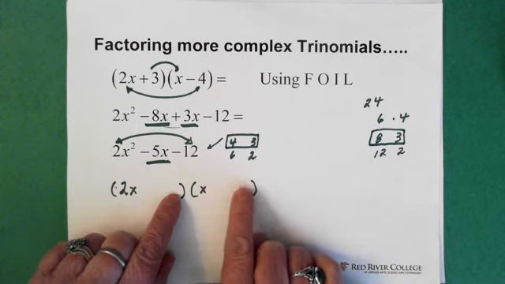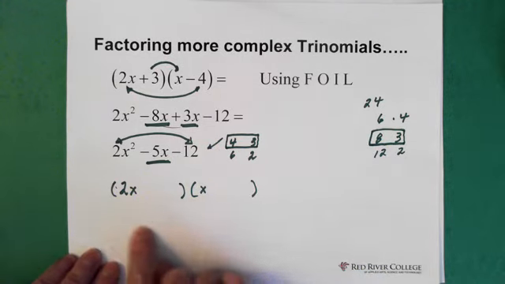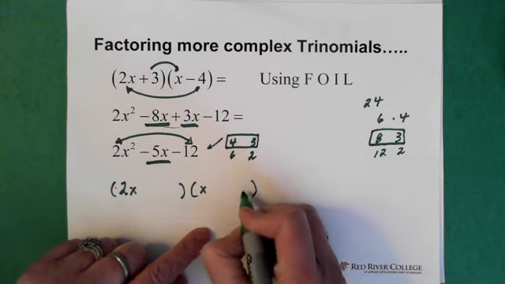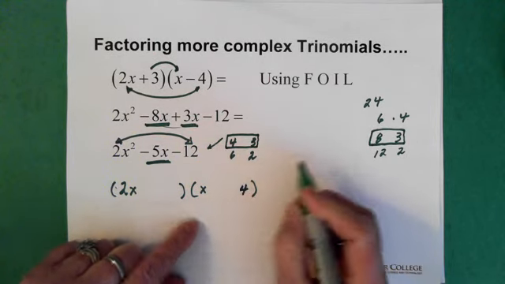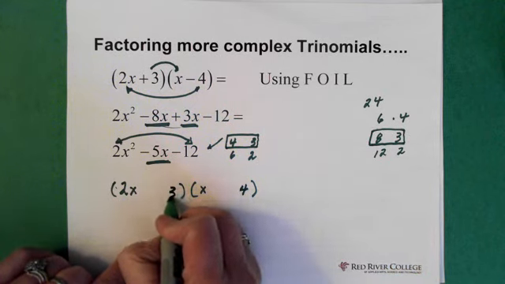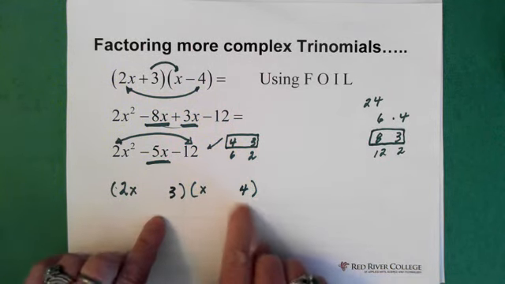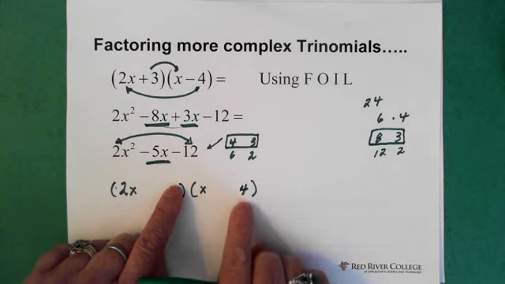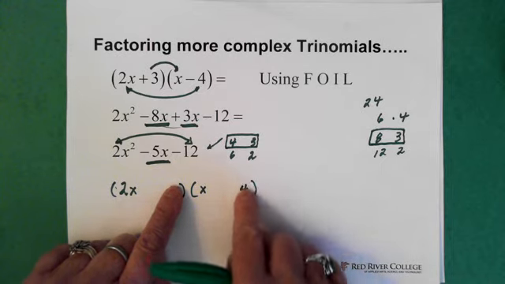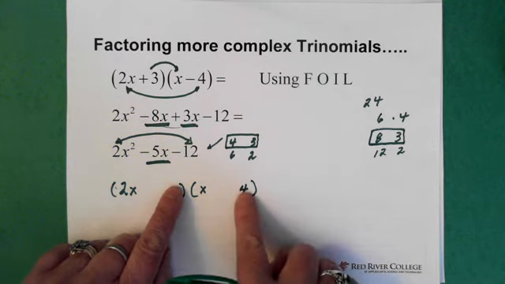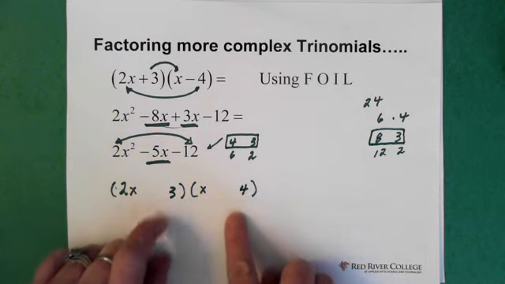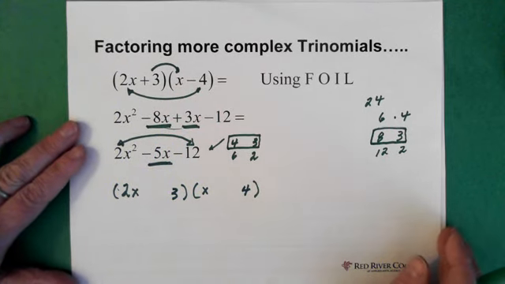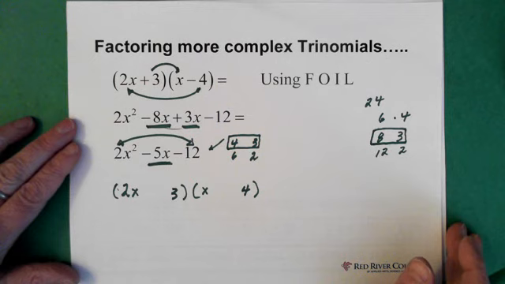So if I put the 4 here, that will be multiplied by this and I will get an 8. So I'm going to put the 4 here and the 3 here. Now, of course, if I had done it differently, the 3 multiplied by the 2 would give me a 6, and that's not what I'm looking for. And again, I could be wrong here, but I'm thinking this is probably the way it's going to work.